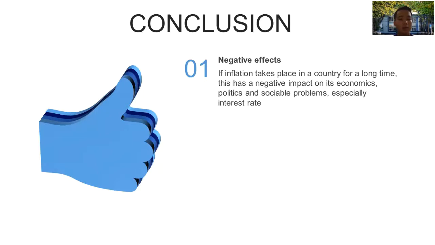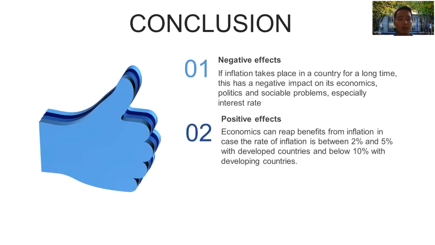However, economists see that there can be a benefit from inflation in case the rate of inflation is between 2% and 5% in developed countries and below 10% in developing countries, because it not only stimulates consumption, borrowing, and investing, and reduces unemployment in society, but also allows governments to have more options to stimulate investments in less favored fields through credit expansion and to redistribute income and resources in society.